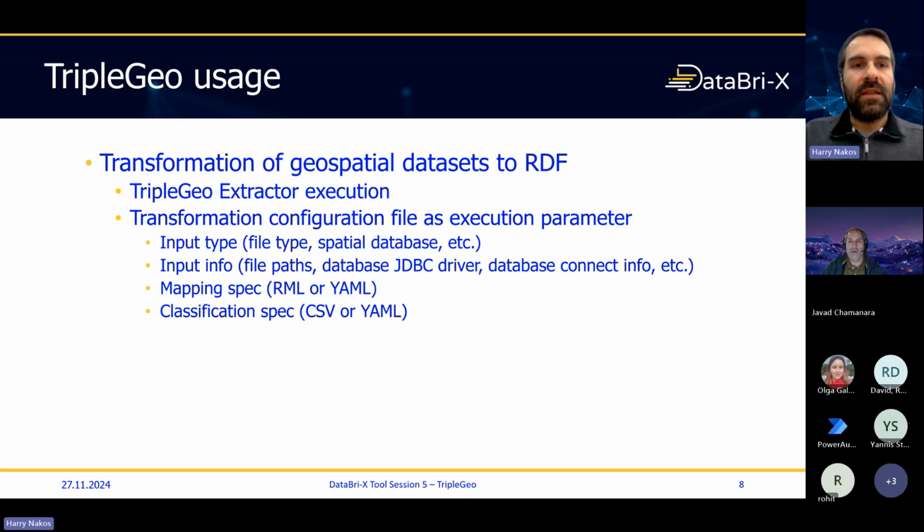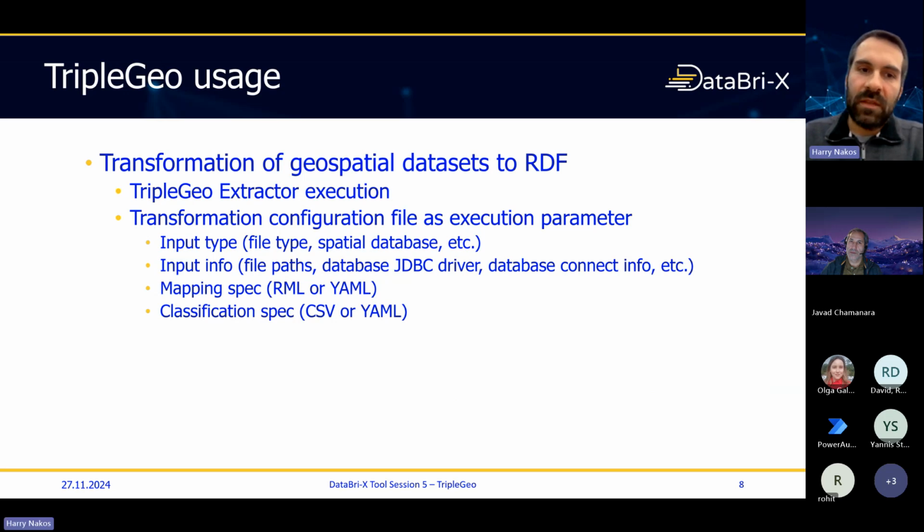So how exactly does this transformation work? TripleGeo has the two functions, as we mentioned. It's the extractor and the reverse extractor. The input that the extractor receives is a configuration file that drives the transformation. The input type is defined in the configuration file, the exact file type or the spatial database type.